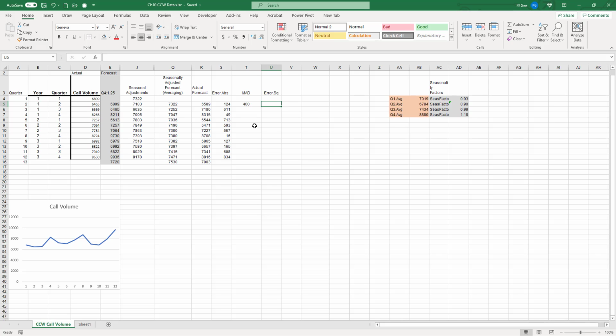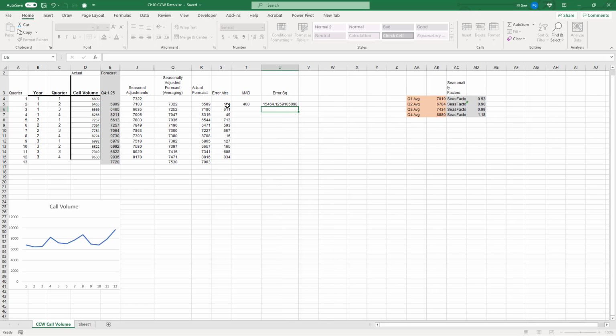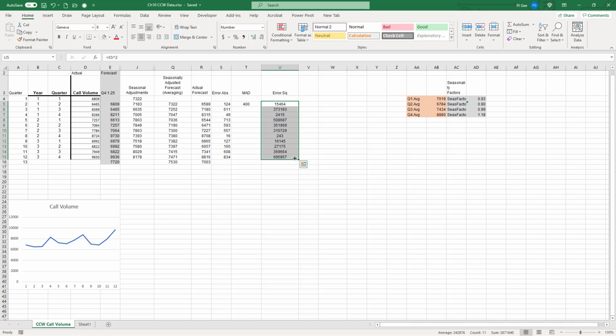Okay, so we need all those equal to the errors squared. Let's get rid of all those decimal places. And just drag that down. So those are the errors that we have.